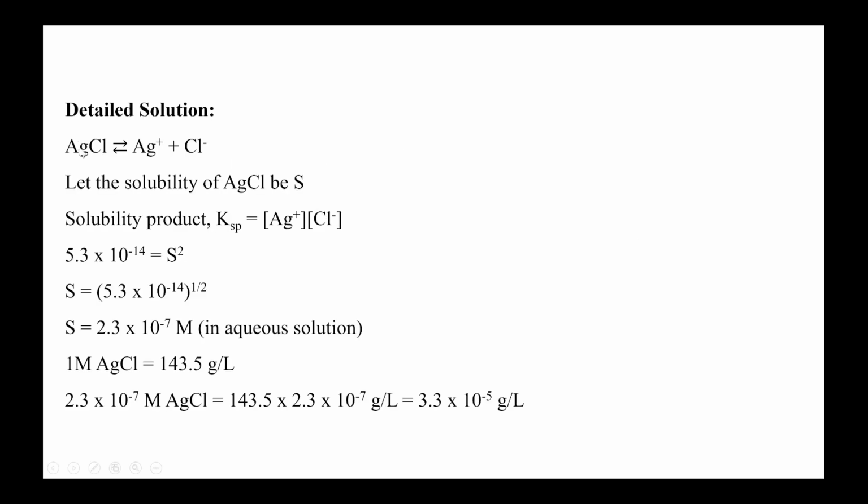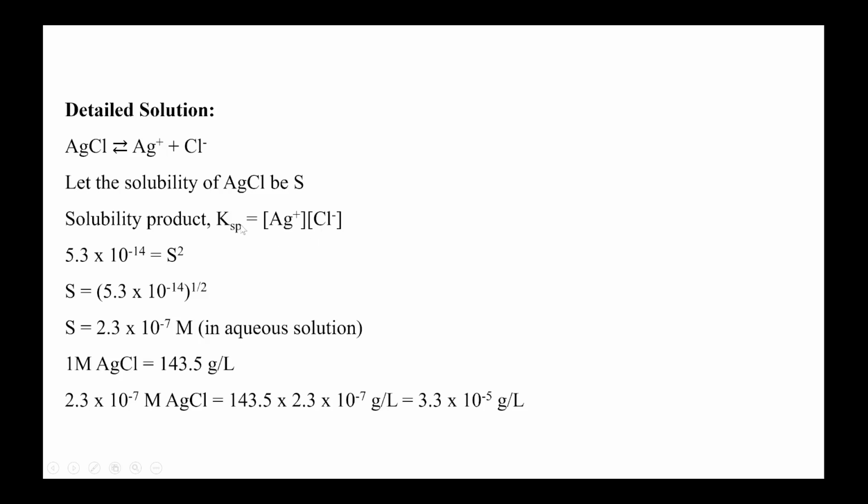So this is how we will solve this. AgCl will dissociate into Ag plus and Cl minus. If the solubility of AgCl is S, the concentration of Ag plus will be S and Cl minus will also be S. So the solubility product is the concentration of Ag plus multiplied by the concentration of Cl minus.